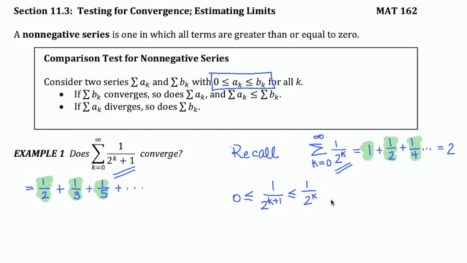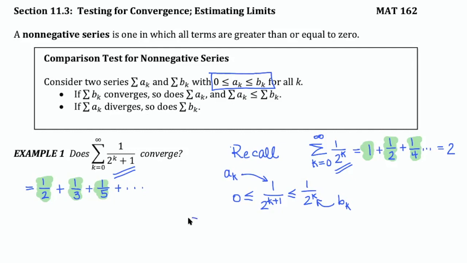So in this particular case, this series would represent b sub k, and the series based on this one is the a sub k mentioned in the comparison test. So the comparison test says if our series based on b sub k, which is this one, converges, then so does the series based on a sub k.